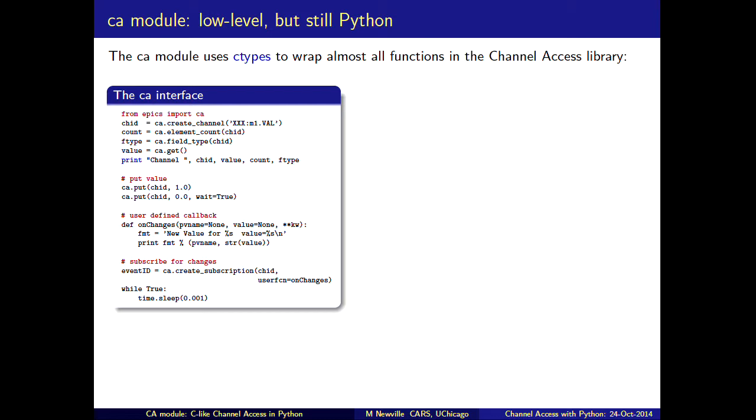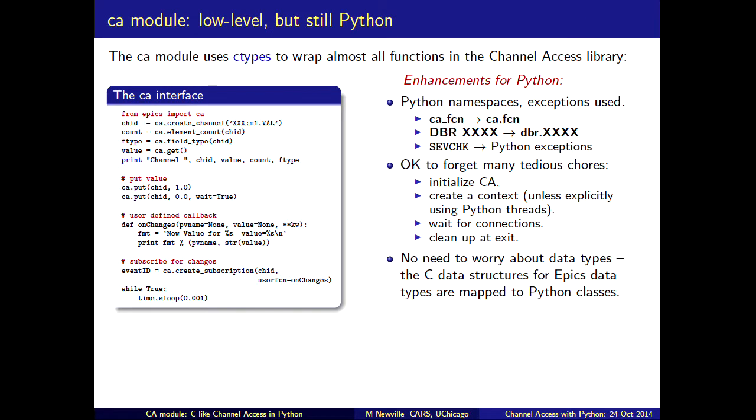This also allows you to do things like put with await and set up a callback for events. And here it's create subscription, which is channel ID, and then this function. And that works very similar to the way PV objects work. So if you want to use this lower level, if you're more familiar with the C code, this is a fine way to go.